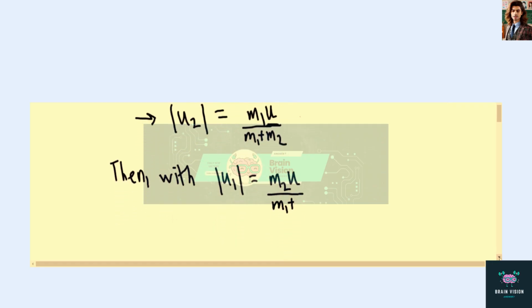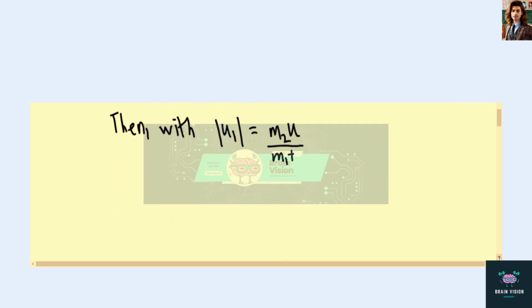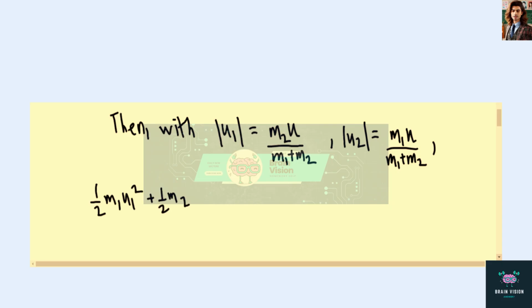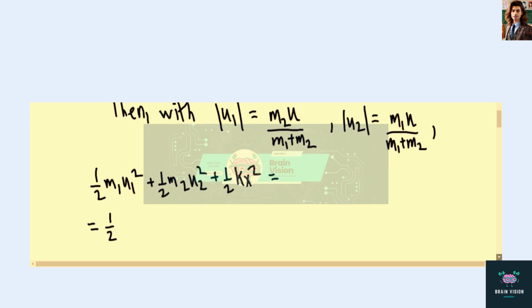So we can use these two expressions for the speeds u1 and u2 to get an equation for the kinetic energy and rewrite it. We substitute them into the squares of u1 and u2 in the kinetic energy, and the result that we get is the following.